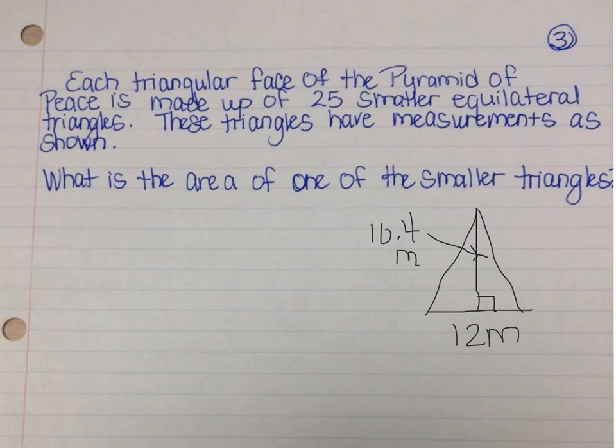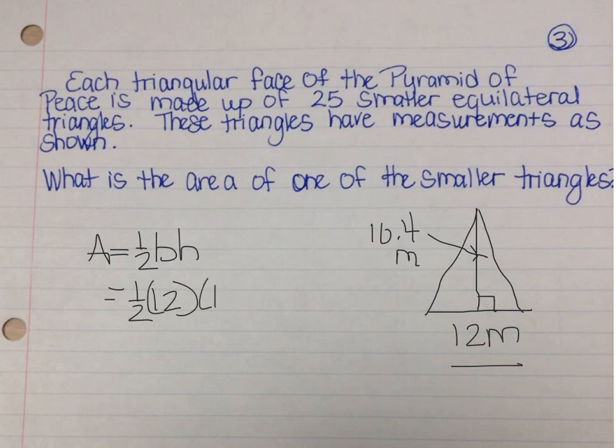Okay, all right. So let's see what the area is. We found the height and we found the base, and I'm going to write my formula. Area equals 1/2 base times height. Area equals 1/2. The base is 12. The height is 10.4.